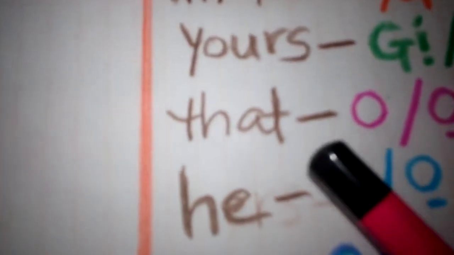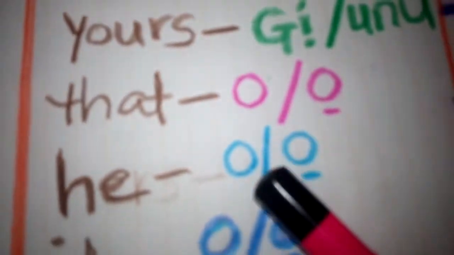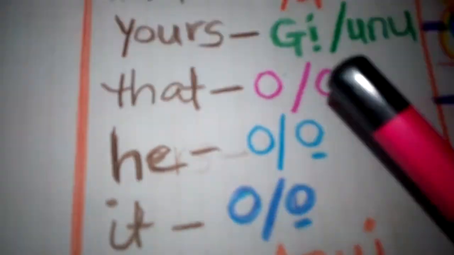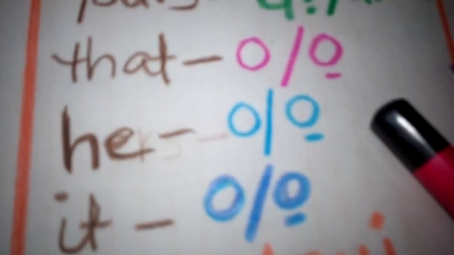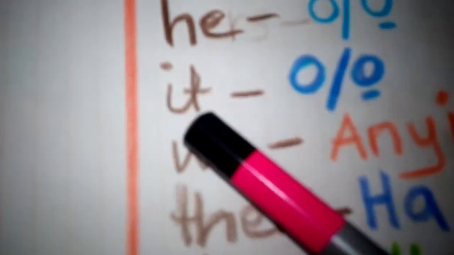This is where the vowel harmony is very effective. You will use it here. He also is o or ọ according to the vowel harmony in the verb stem. It, o or ọ.